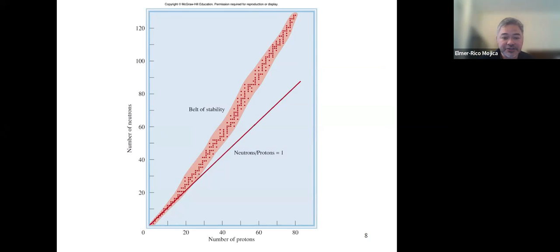And what they found out here is that as the number of protons increases, the belt of stability can be found higher than a 1-to-1 ratio of neutrons and protons. Based on this belt of stability, for those above the belt, the decay usually observed is beta decay.